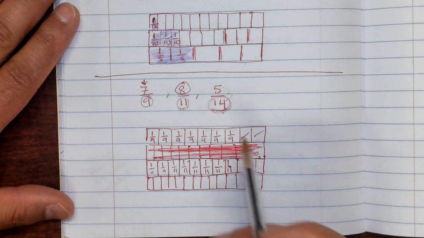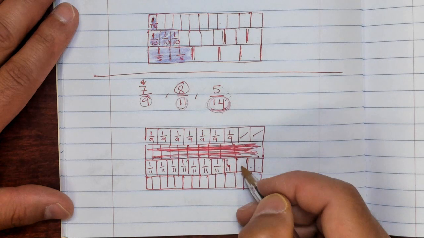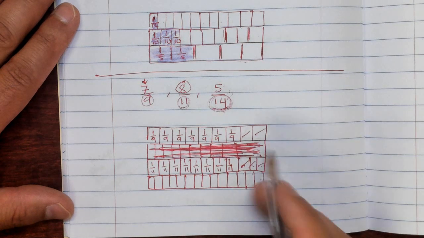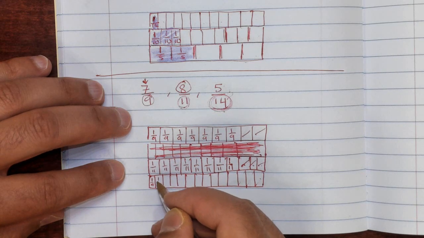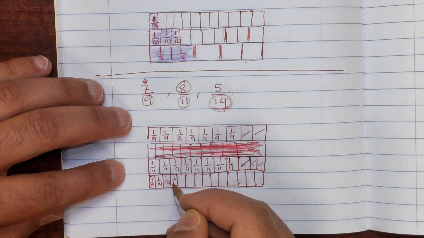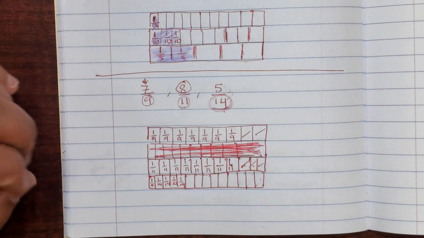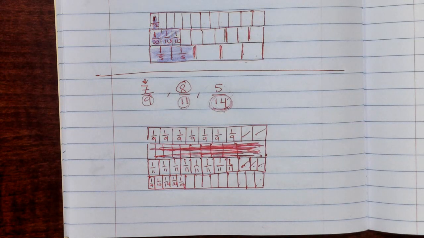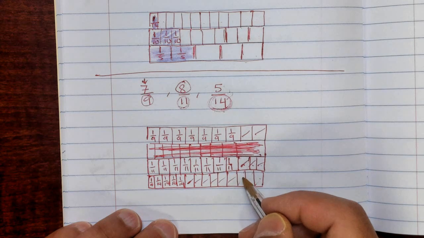Okay. How many of those 14 are available? 5. 1/14, 2/14, 3/14, 4/14, 5/14. So it's missing 9 pieces.